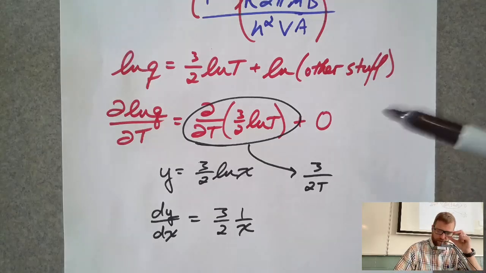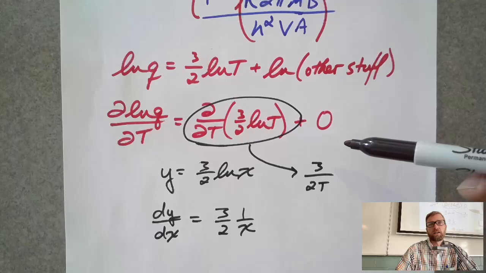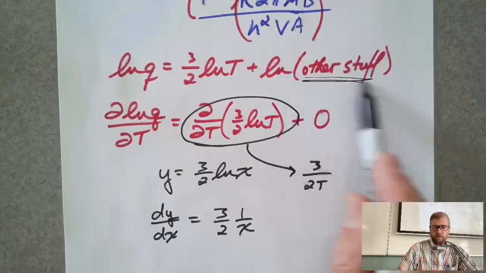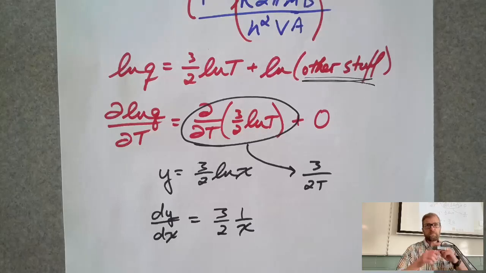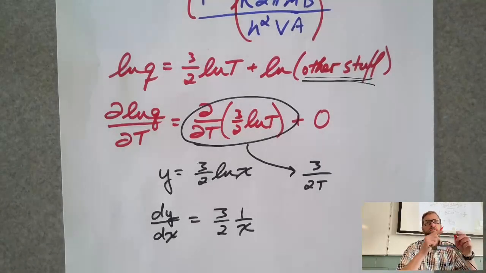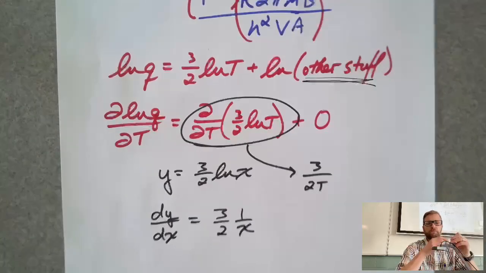Anyway, that big partition function looks scary, but most of it belongs over here in the other stuff, and it goes away. Does that kind of give you enough direction to get going on those? Okay.